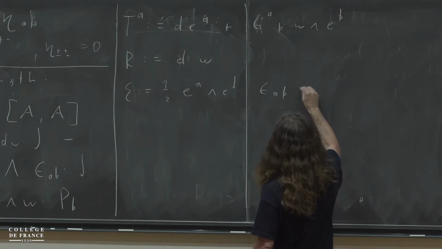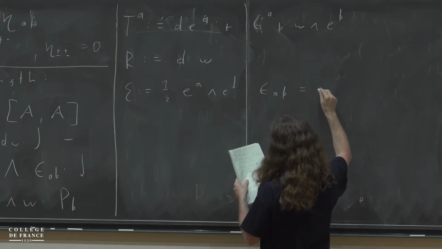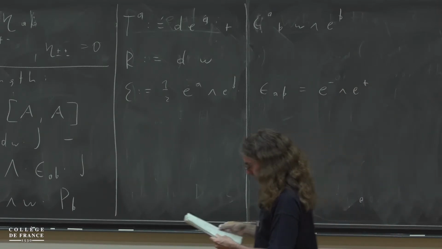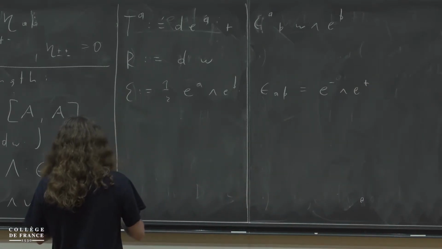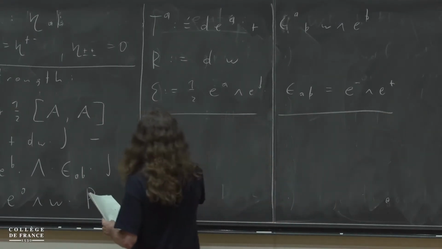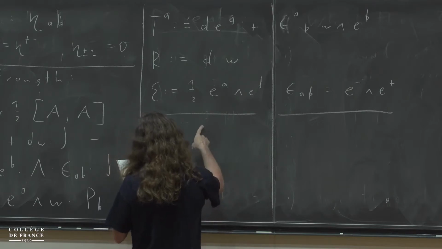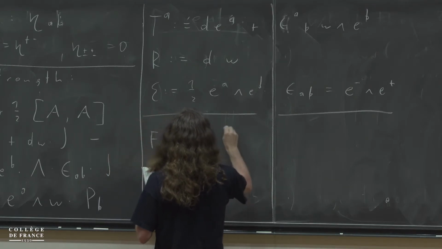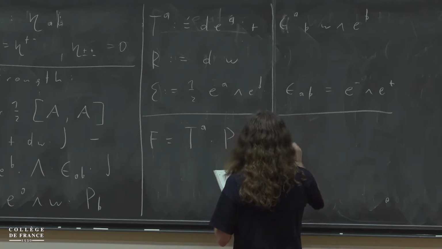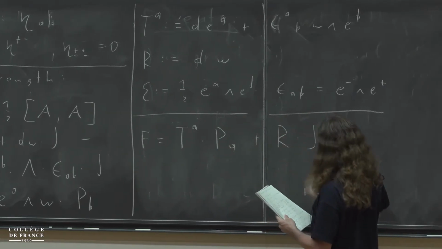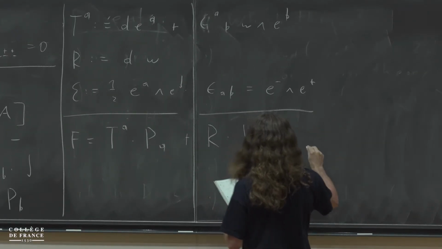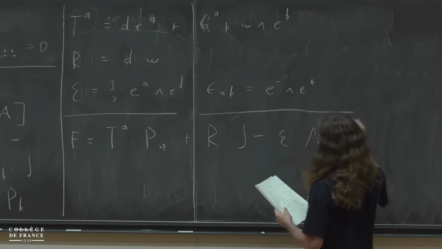So in light coordinates, this would be E minus wedge E plus in my conventions. So using these definitions, the non-abelian field strength is then just the torsion two form times the translation generator plus the curvature two form times the boost generator, and then minus this volume form times lambda times the boost generator.